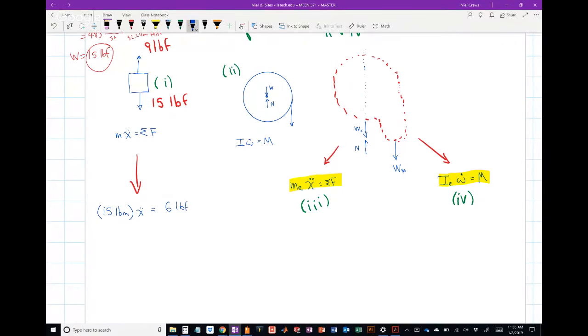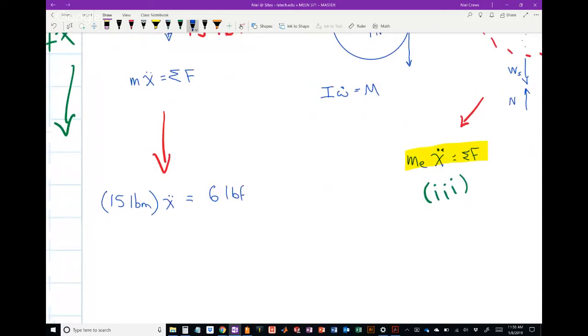So the question is, what do I want? Do I want it to be up or down? How do I want to define that? For me, you can do it any way you want, we'll define this as the positive x direction, just because we know that's the way that this weight is going.